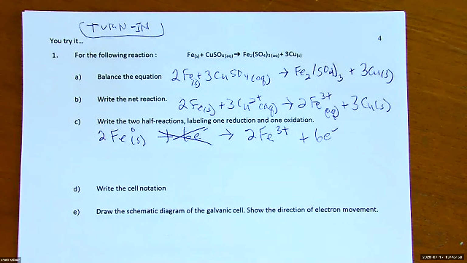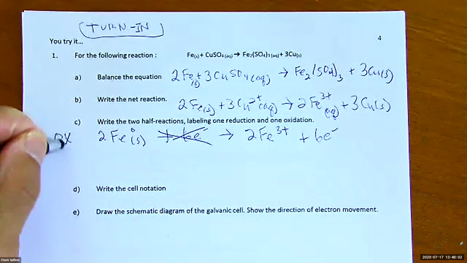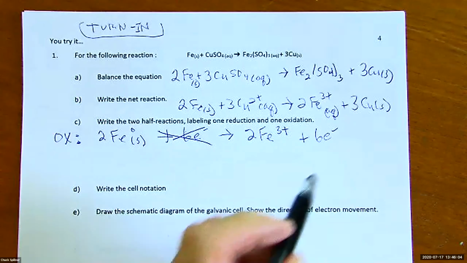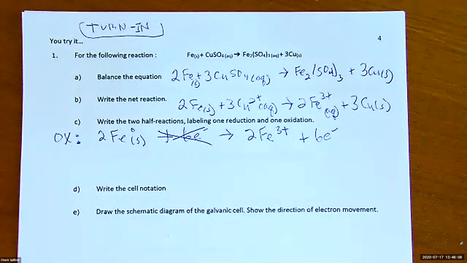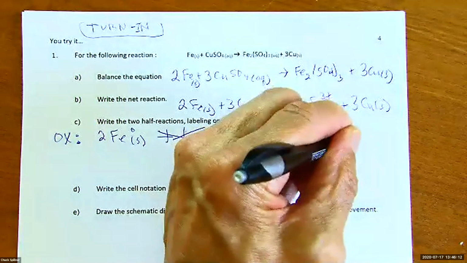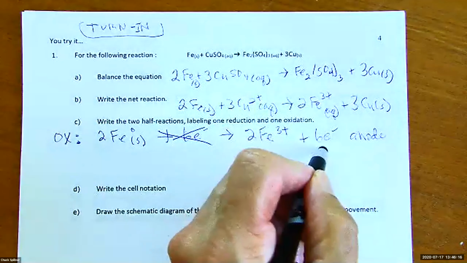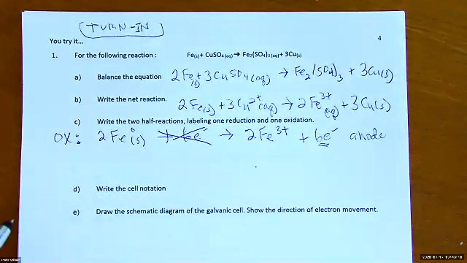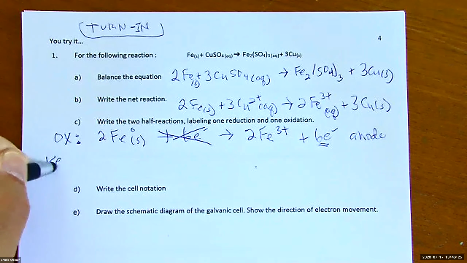This is oxidation. Of course, when you're writing the oxidation half reaction, the electrons have to be on the right side because the half reaction is producing electrons, right? And this will be at the anode. So all those go together. Electrons are a product of the half reaction that makes it oxidation. So the reduction is the opposite.